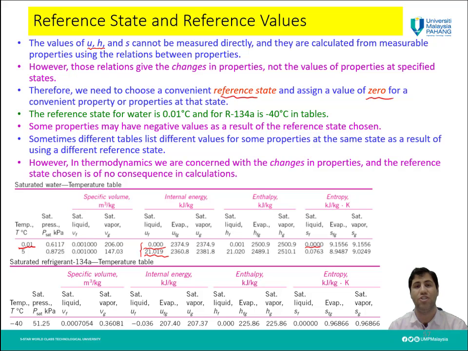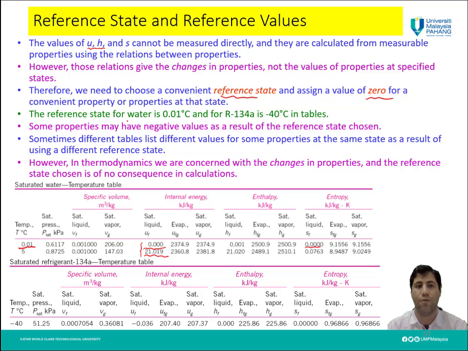We can measure this change in the internal energy by knowing how much is the heat transfer of the system, how much is the work by the system or on the system. So we can measure the changes, but we cannot measure how much is the energy of the system directly. We can only measure it when it is changing, or we can measure the changes in these parameters, this property.